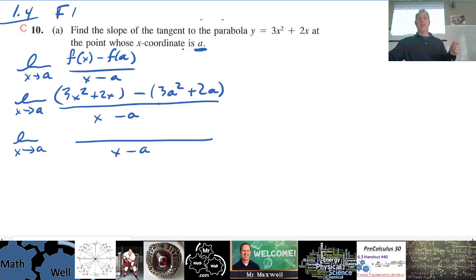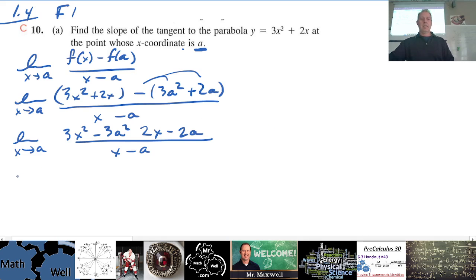A few steps down the road, factoring x squared minus a squared will give you an x minus a. So that's exciting as a factor. But let's not go too far. So let's put 3x squared minus 3a squared together, and then we'll put 2x minus 2a together. So I'm expanding that negative in there and rearranging the terms a bit.